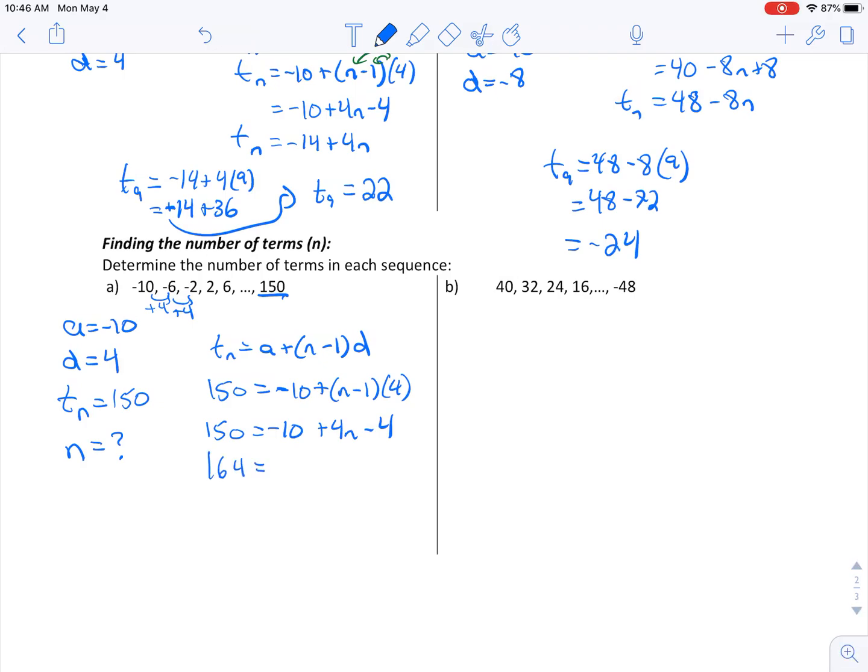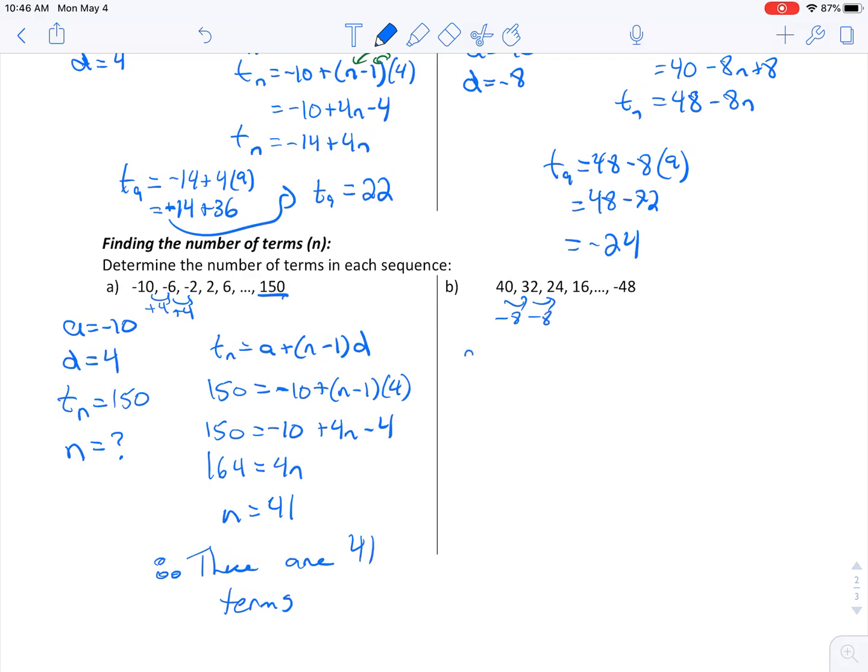So I can figure this stuff out. So a little algebra, and I get minus 14, I'm going to add that over, so this becomes 164 equals 4n. So therefore, n equals 41. So therefore, there are 41 terms. Or the 150 is the 41st term.